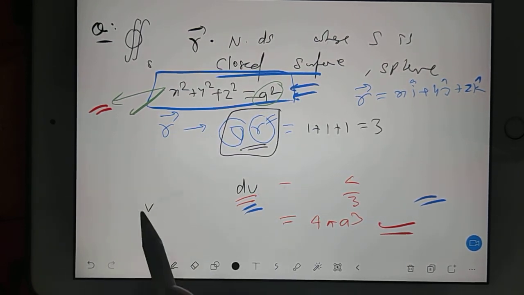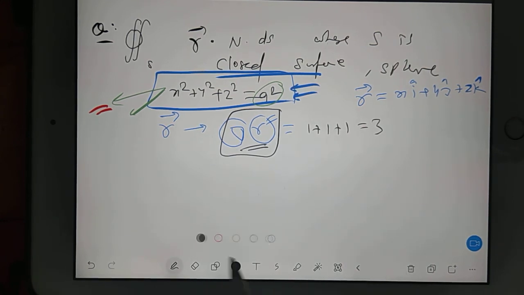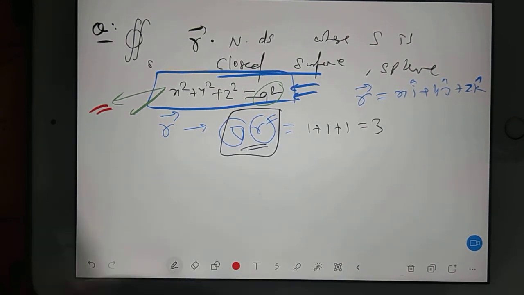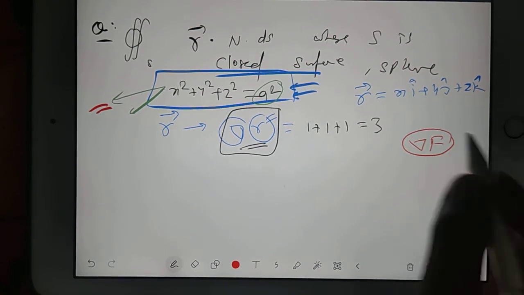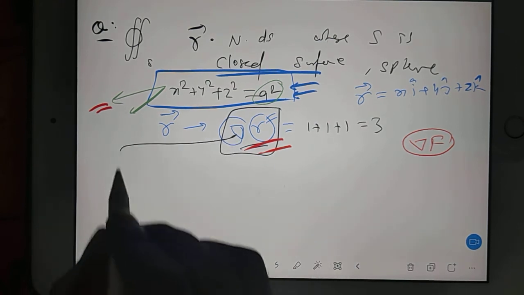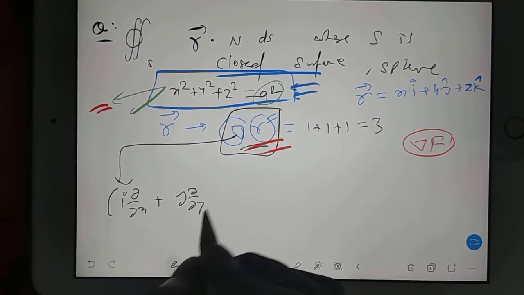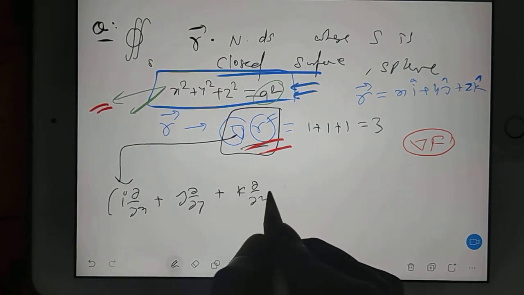I think Pratik, you are lagging with some very important concept. That's why you are not able to understand these 2 points. Okay, see what is this. See, I'll explain. In last class also you were confused with this f. Here also you are confused with this r. I will explain what is this. Very easy. This value, you know, i dou by dou x plus j dou by dou y plus k dou by dou z, correct?